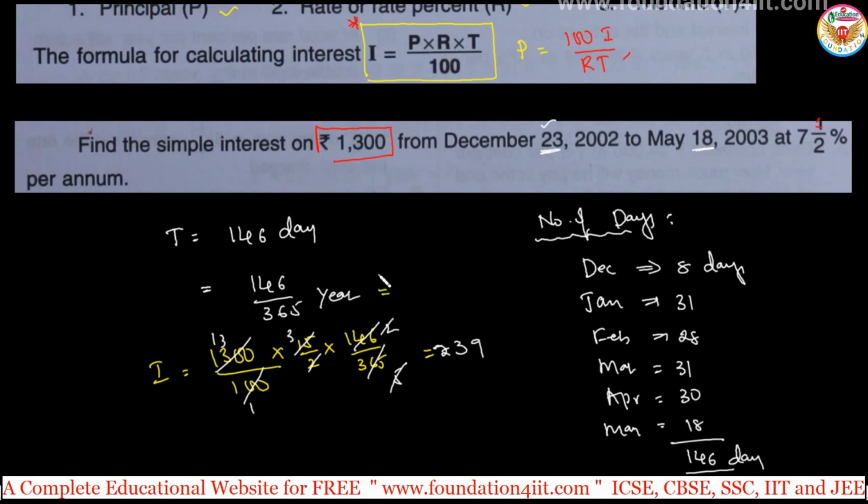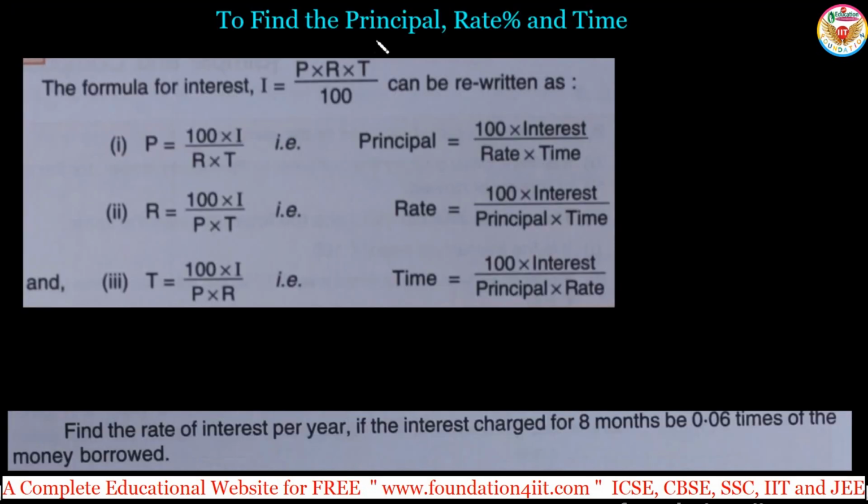Let us start to find the principal, rate percent, and time with different questions and examples. We already discussed the formula just now. The formula for interest, we know, is PRT by 100. Also we can write this in three ways.